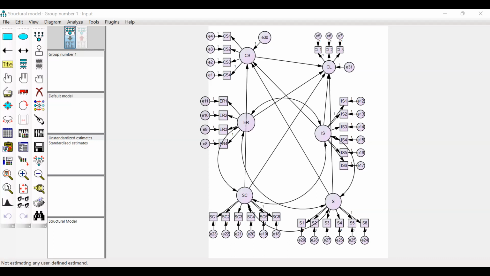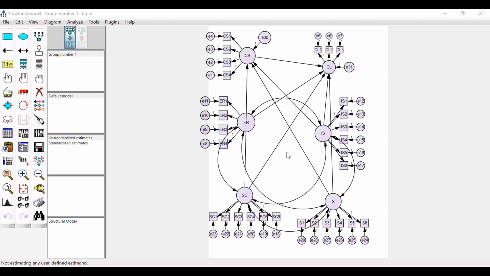This is how the structural model looks, where we have 4 independent variables, ER, IS, SC, and S, and 2 dependent variables, CS and CL, which are customer satisfaction and loyalty. ER is technology usage reliability, IS is technology security, SC is staff competence, and S is customer service.